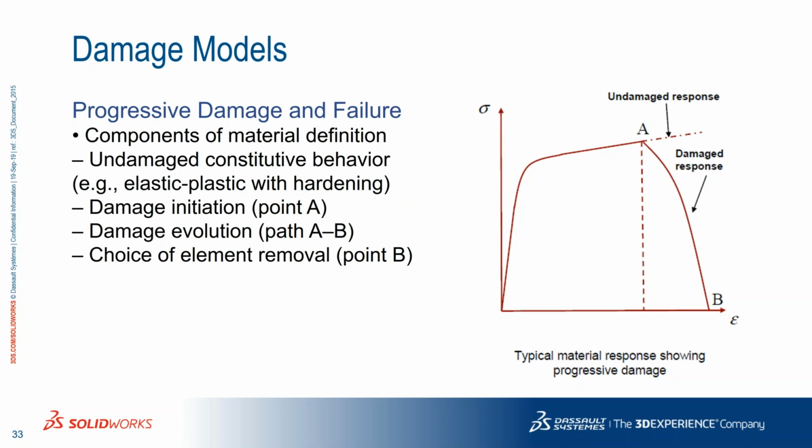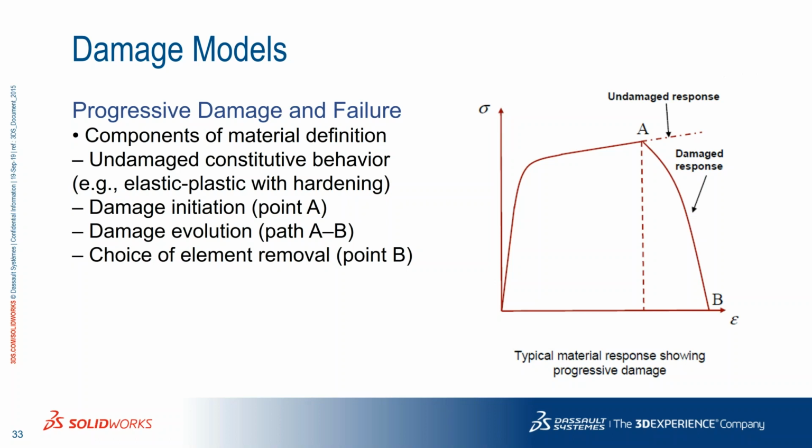Now, from the point A, we have to define the starting point for the deterioration of the material, for the destructive part of this curve. So we want to analyze from A to B. And in this case, we need, first of all, the damage initiation model that occurs at point A.